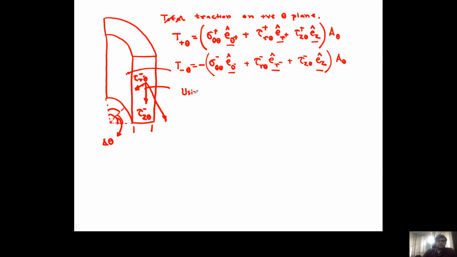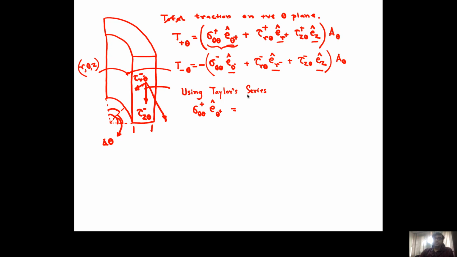So using Taylor's series, and we are going to use Taylor series with respect to this origin, which was R theta Z. So that will be used with respect to this origin, right? So if you use that, this is your first term, and your first term is sigma theta theta plus times E theta plus hat.